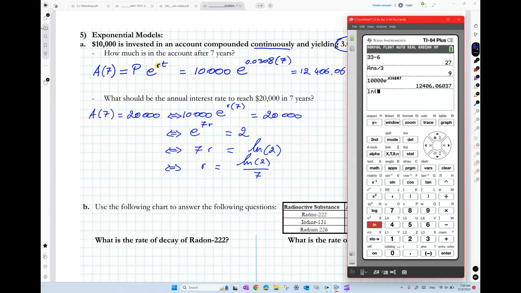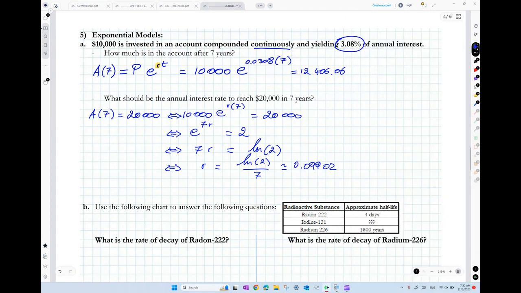And ln of 2 divided by 7 is 0.09902, which is roughly 9.9%, let's say.